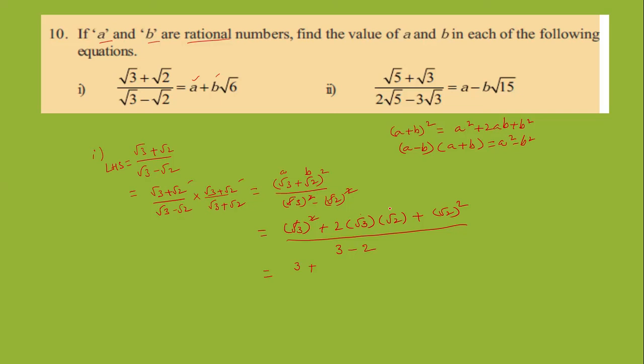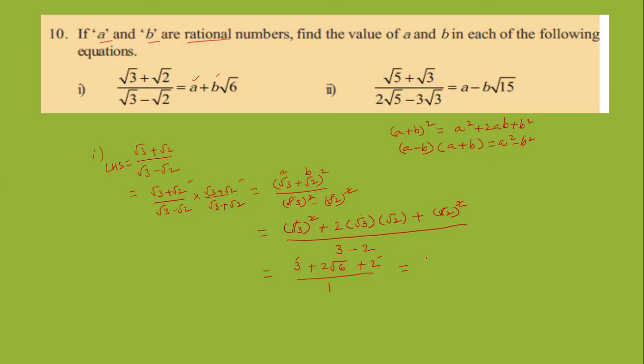And the middle term is root 3 into root 2, that is root 6, so 2 root 6. In the last term the square and square root cancel, leaving 2. In the denominator, 3 minus 2 is 1.